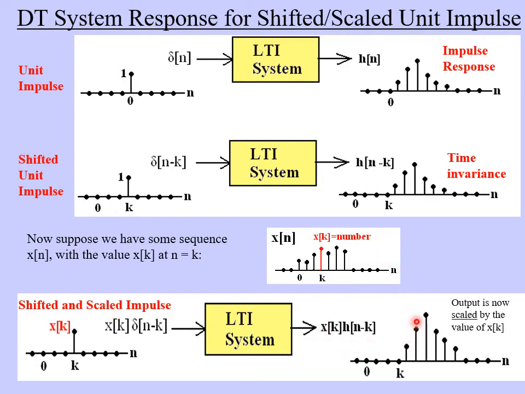So you can see here, this output looks like this one, except everything is taller because everything has been scaled by the value of x of k. So for example, if x of k has a value of 3, then all of these values shown here are going to be multiplied by 3. So this output here is the result of two properties of this system. It's linear and it's time invariant.